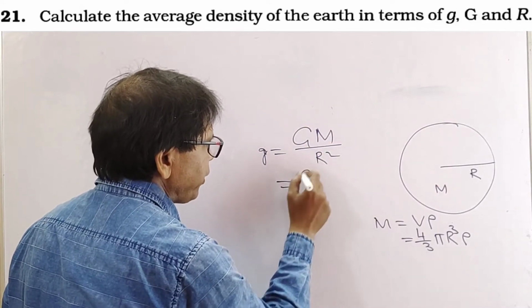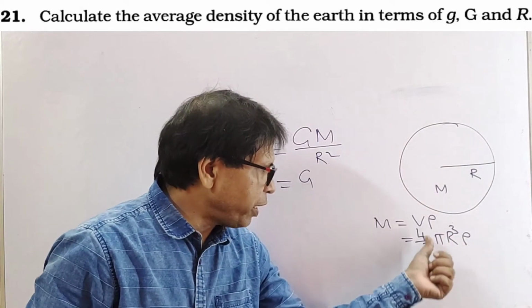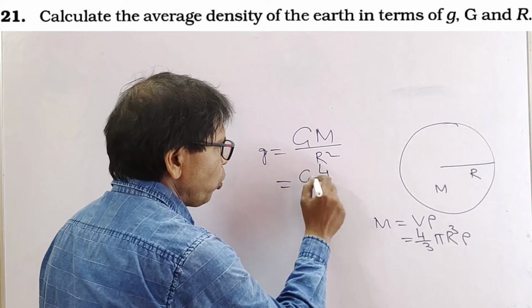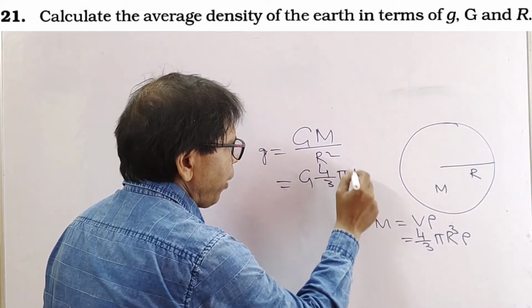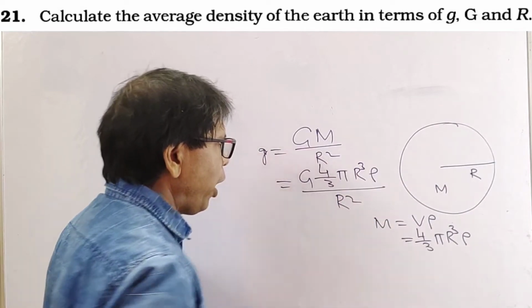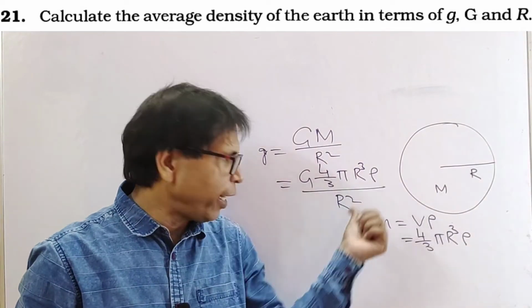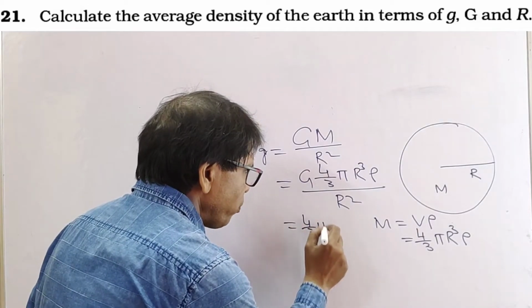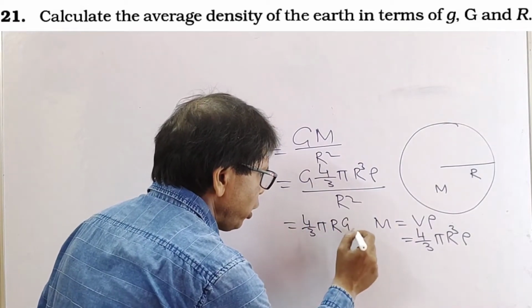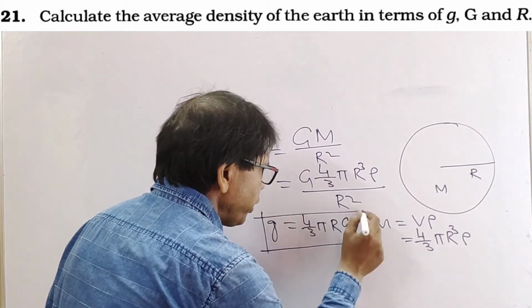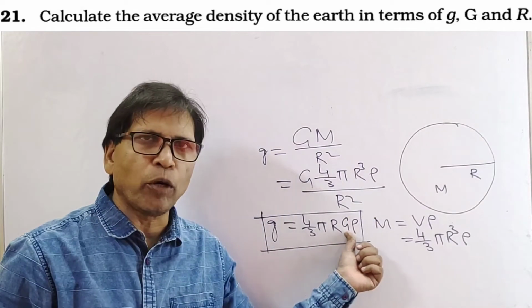Now look at this here, M is equal to 4/3 pi R cube rho. So this is G into 4/3 pi capital R cube rho divided by R square. Now here R cube and here R square. So this is 4/3 pi R G rho, the acceleration due to gravity in terms of mean density of Earth.